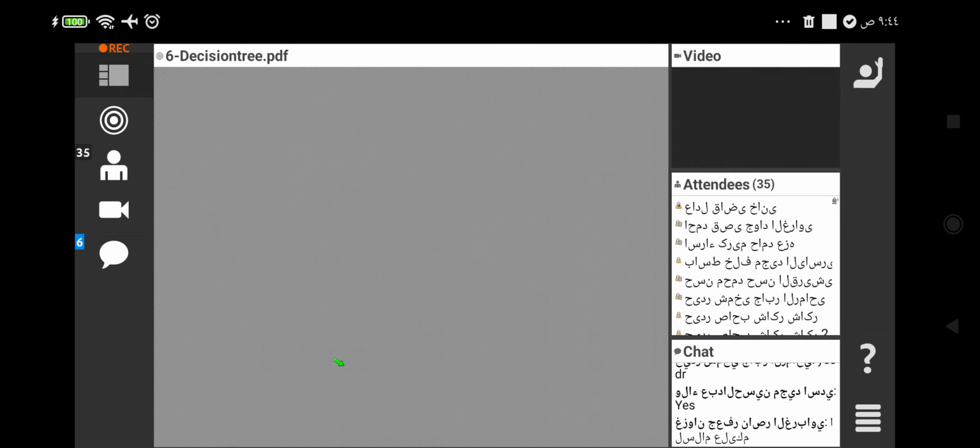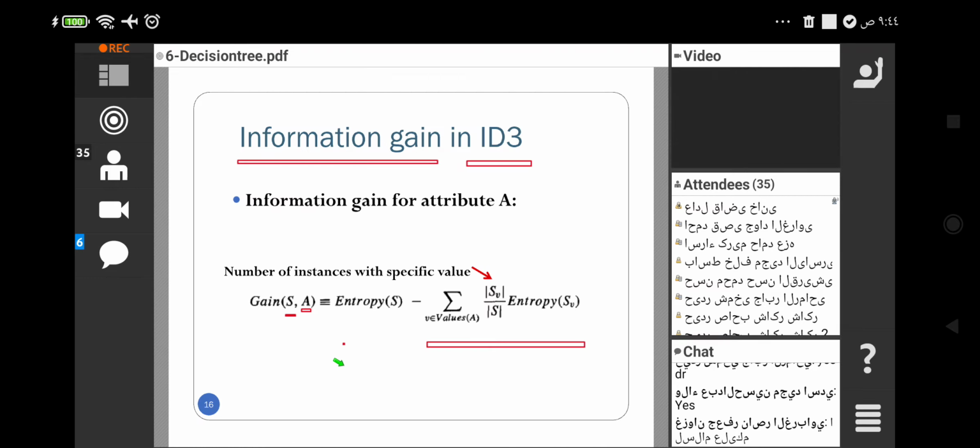Okay, and then we talked about the information gain. If we want to calculate the information gain of an attribute in the data, we could calculate it using this formula.